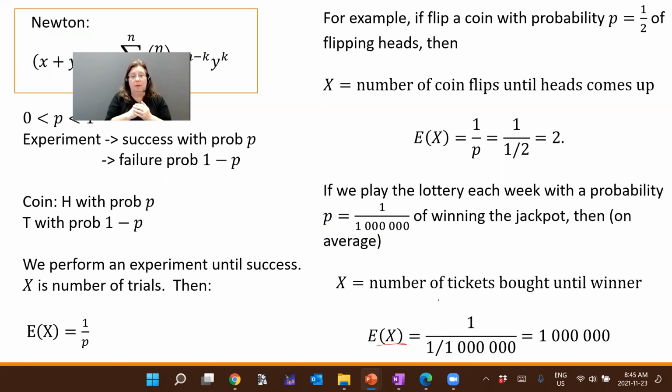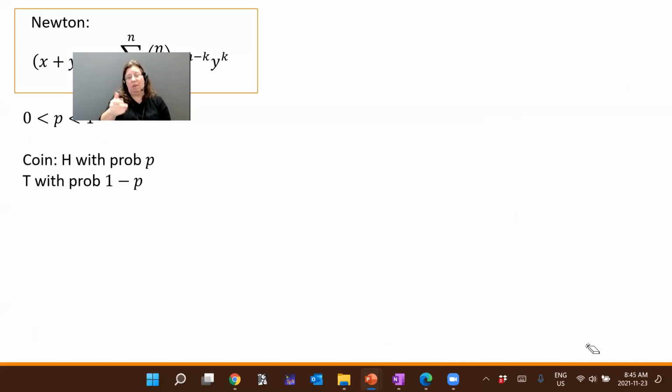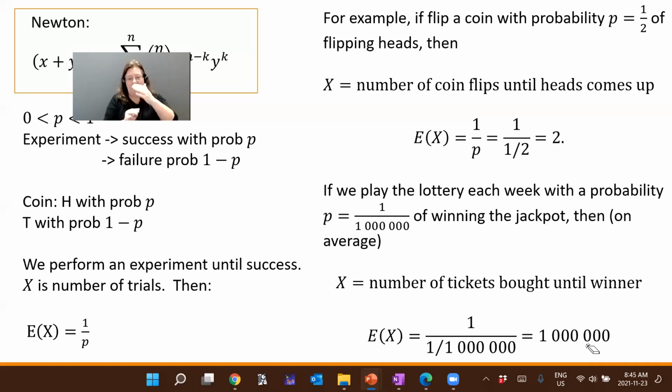So the expected number of tickets bought until we buy a winner is on average going to be 1 million. Right. So playing the lottery, you're probably going to wait a long time. But of course, anything can happen. Okay. So that's just all last class review.